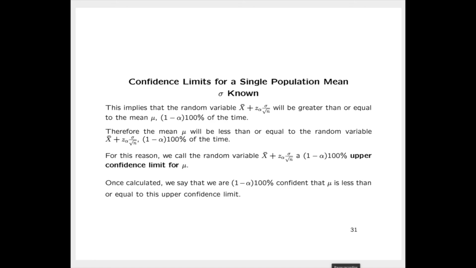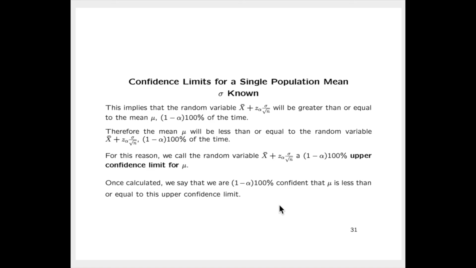Now obviously in an experimental situation, we're not going to be sampling over and over and over again like I was describing. We're going to do it one time. We get one sample, we get one sample mean, and we construct one upper confidence limit. Once we have that sample, and once we've calculated that upper confidence limit, the language that we use is that we are 1 minus alpha times 100% confident that mu is less than or equal to this upper confidence limit.